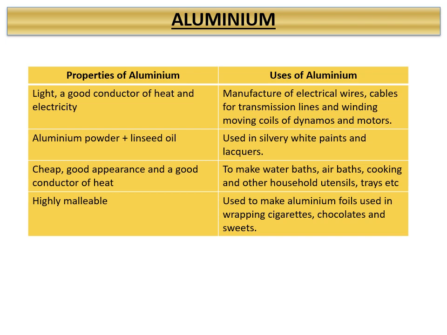Listen carefully. Properties of aluminium: it is light, a good conductor of heat and electricity. Because of this property, it is used in the manufacturing of electrical wires, cables for transmission lines, and winding moving coils of dynamos and motors. Here, dynamo means your generator, and motors, water pumping motors.